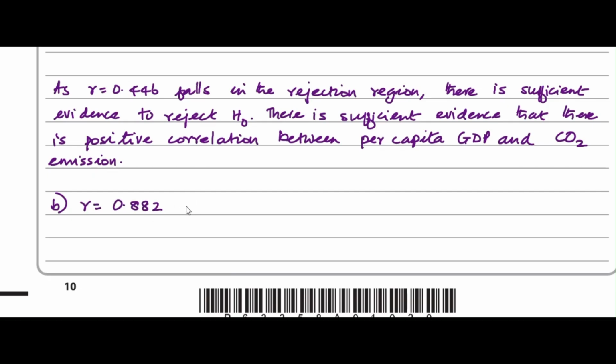So we could say R is equal to 0.882 means it's positive correlation as the value is close to 1.